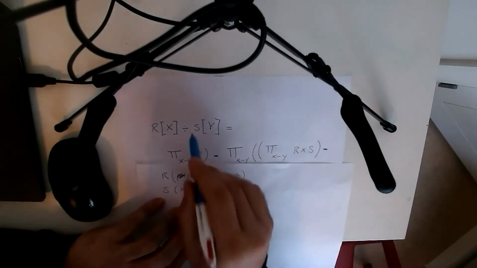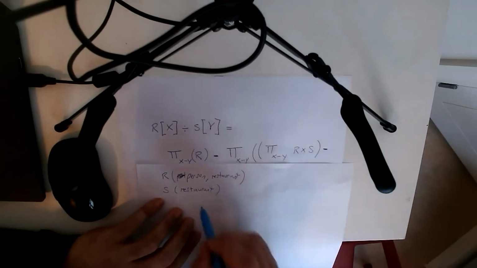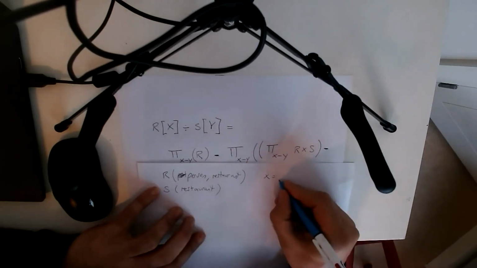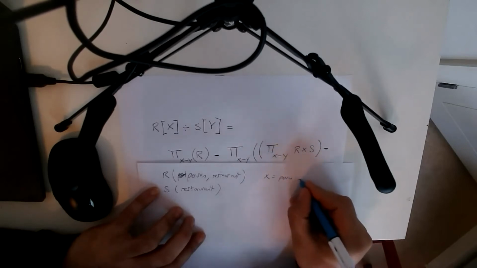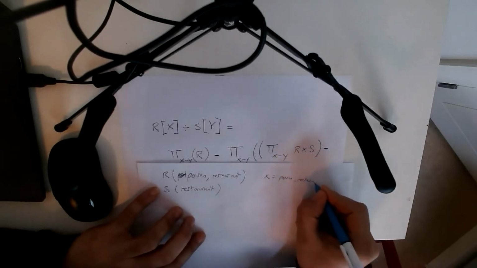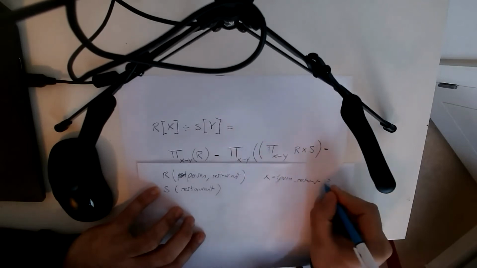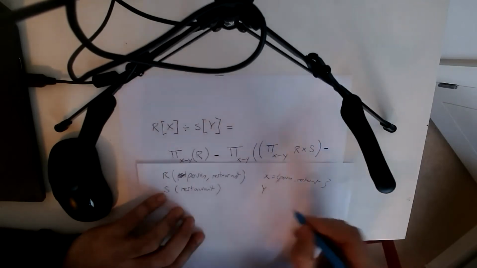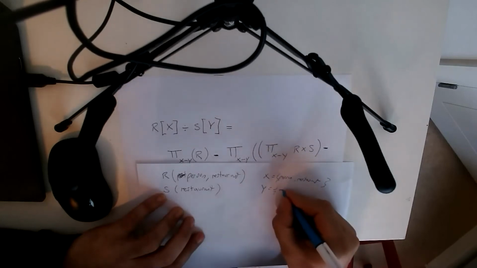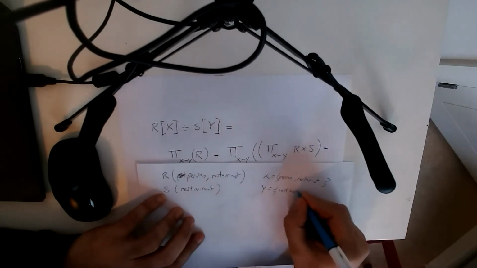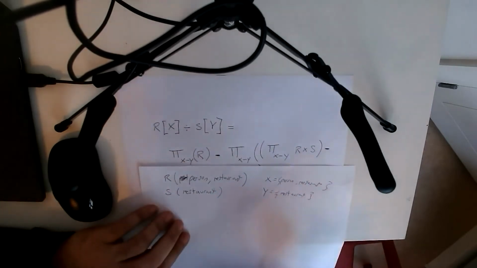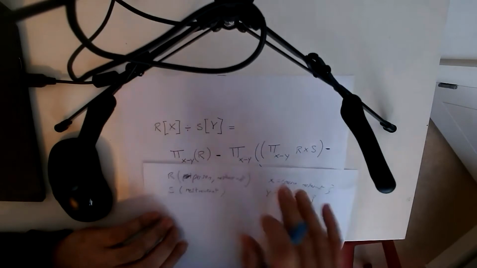Okay, so let's grind through what this actually means here. That means X equals person and restaurant, and what Y equals in this definition up here is just restaurant. So let's unfold this and do the example.